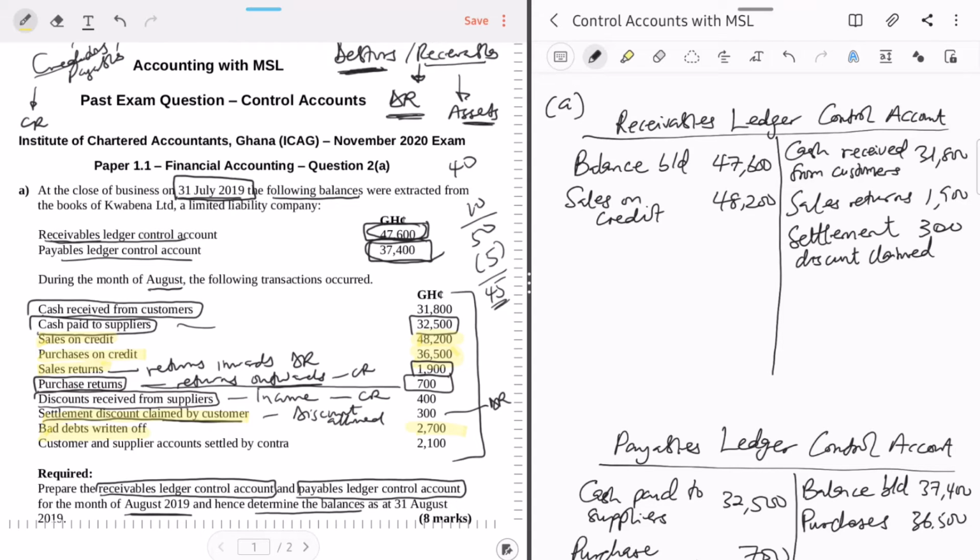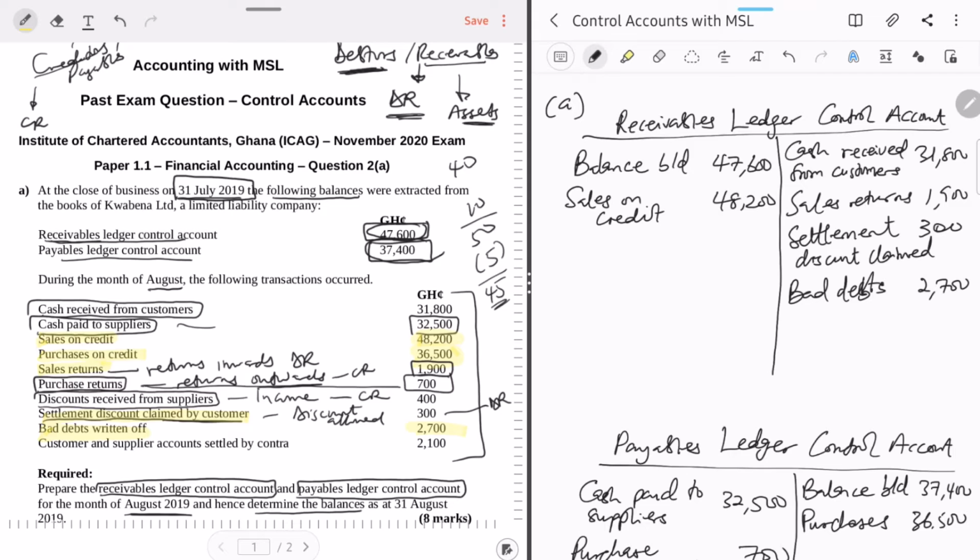But let's not stress too much. For a bad debt, just know it's an expense. Expenses are debits. So I debit the bad debt expense and I credit my what? Receivables ledger control account. So I put here bad debts of 2,700.